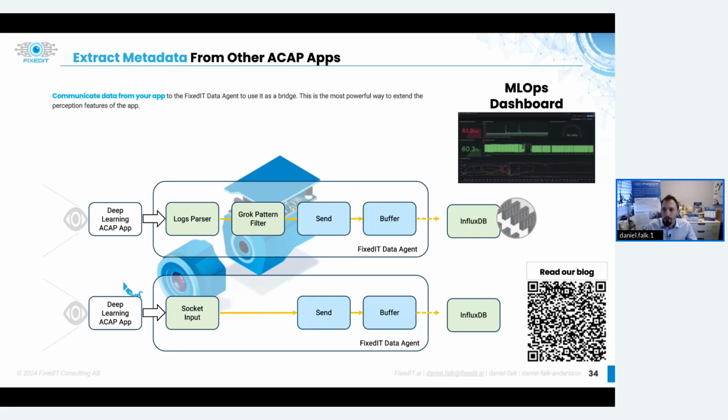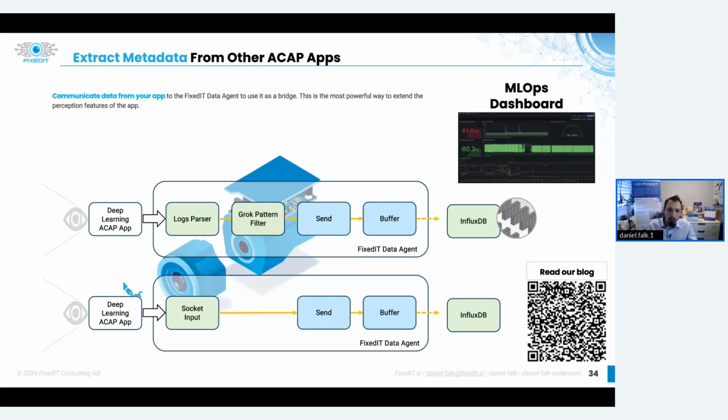And that application was already logging all of these different metrics that we were interested in, but it logs them to the system log. So what we did with the data agent there was to create a log parser that is reading these log files, and it is again using grok patterns to filter which lines are actually containing information that we care about, and how we should parse the information in these log lines.